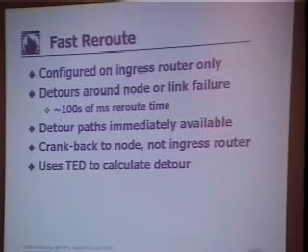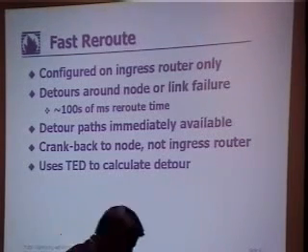The way this is done in Juniper is obviously specific to our implementation, but the idea is pretty generic. Basically, what this is doing is protecting every LSP by rerouting around every downstream link and node. So it builds these detour LSPs, if you will, around every downstream link and node. Should any one of those fail, you immediately take this detour path.